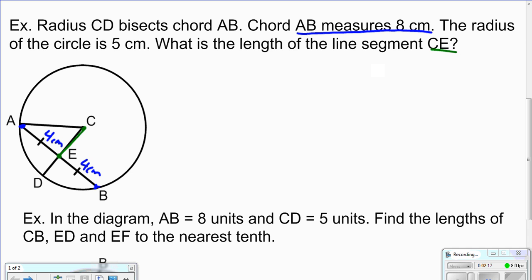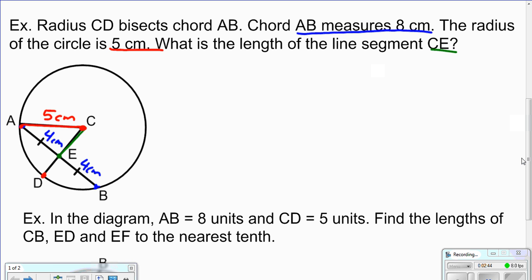The next thing you should notice is that they tell us what the radius is, and the radius is 5 centimeters. And so that means C to A is 5 centimeters. But that also means that any other radius line on the circle is 5 centimeters. So C to D, that's a radius line, and that would also be 5 centimeters. So that is an important piece of information we need to keep in mind.